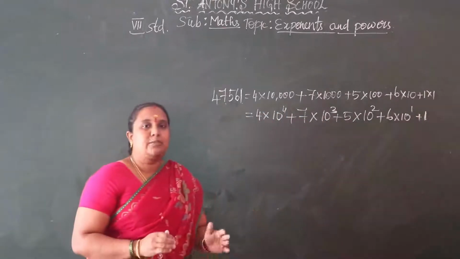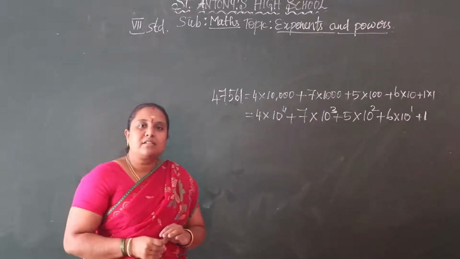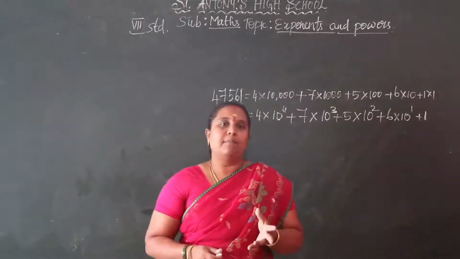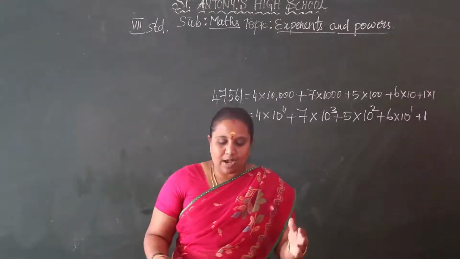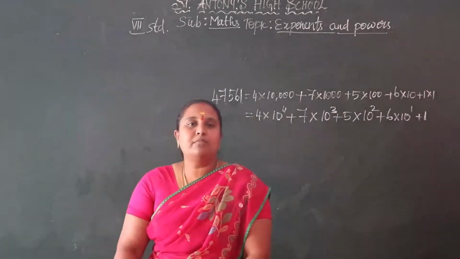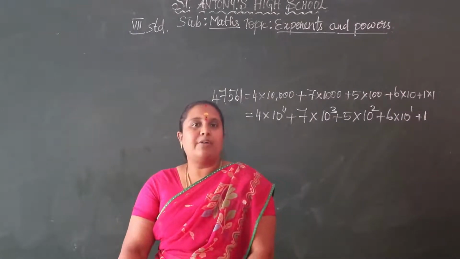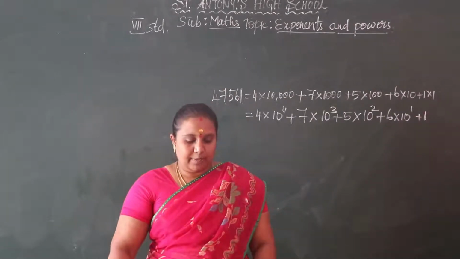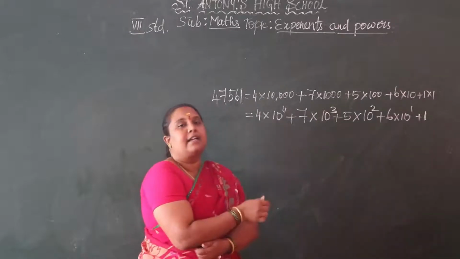This is the expansion of the given number in exponential form. Children, you have many problems on this in your exercise. Write them in your homework book. Now let us expand another number.